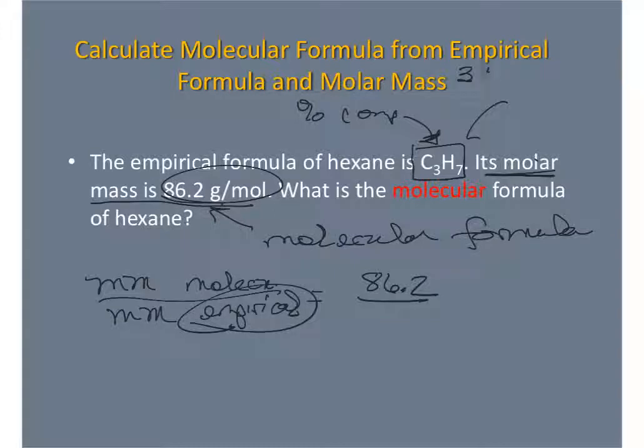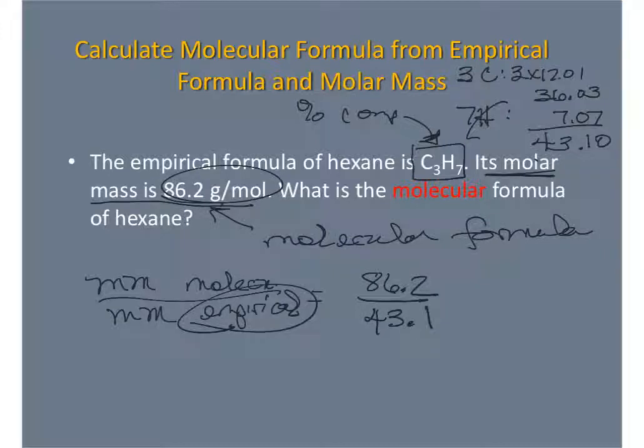We have 3 carbon. So carbon's molar mass is 12.01. So that is 36.03 for carbon. We have 7 hydrogen, so that's 7.07. Add those together for the total molar mass of the empirical formula, 43.10.